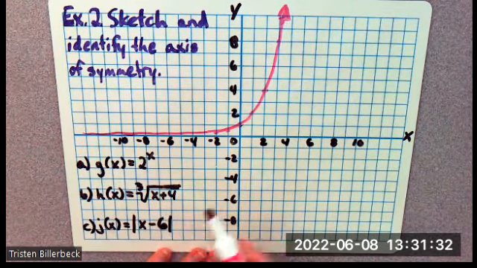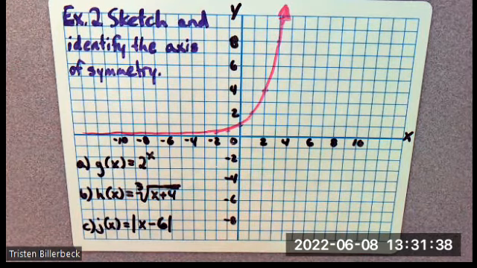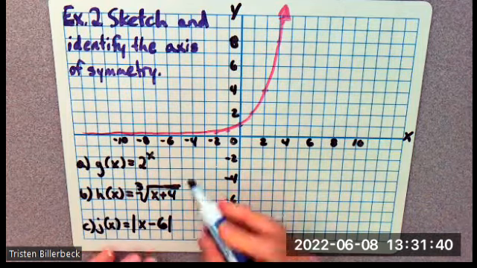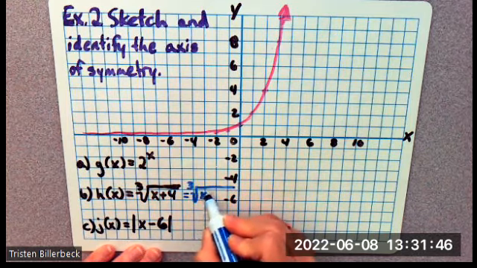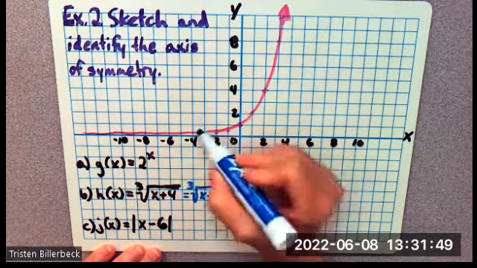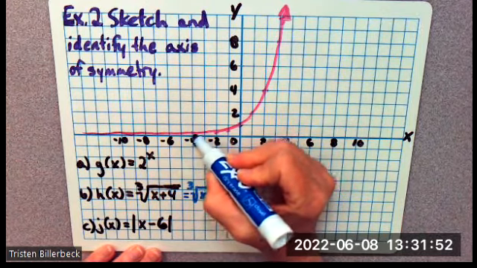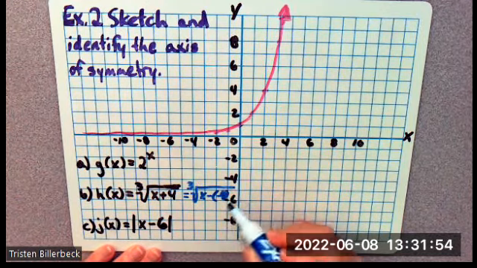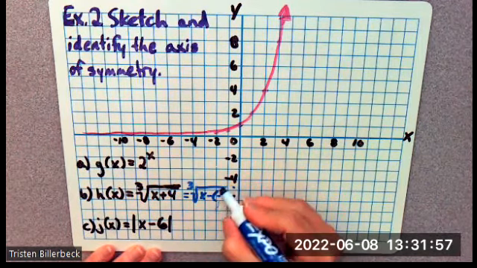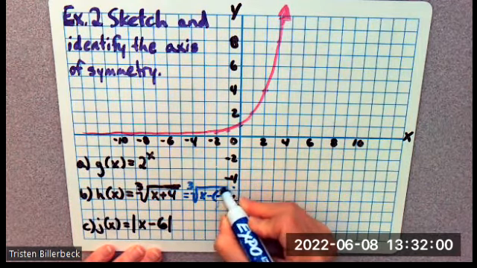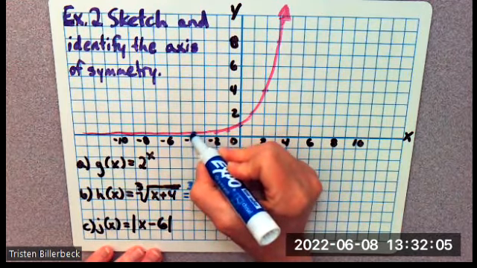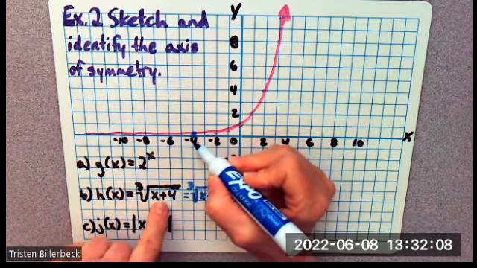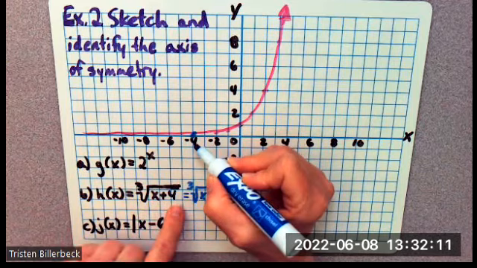Now this one, let me use a different color here. This one is the cube root of x minus -4. So we're going to put our point right here at -4. You can't quite see that -4, because that's how we get that plus. So we're at -4 here for an inflection point, because -4 plus 4 is 0.